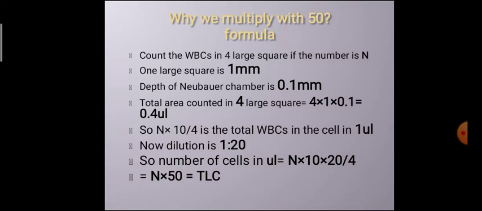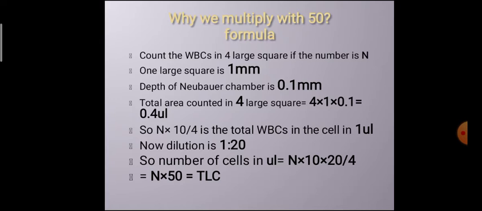Total area counted in 4 large squares is equal to 4 multiplied by 1. As we count WBCs in 4 large squares, our total area is 4. We multiply 4 by 1, where 1 is the area of 1 large square, and then we multiply by 0.1, where 0.1 is the depth of the Neubauer chamber.